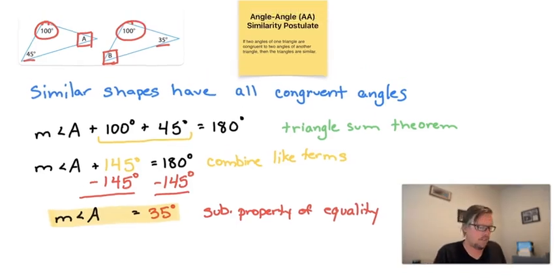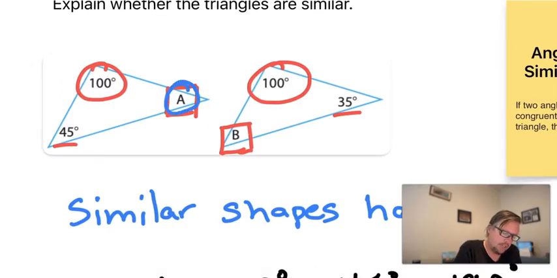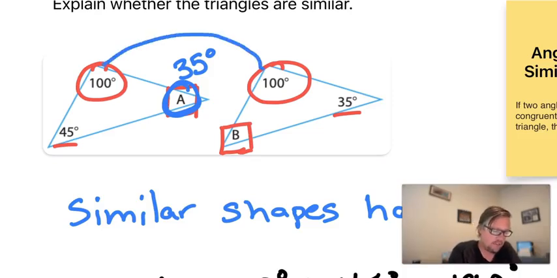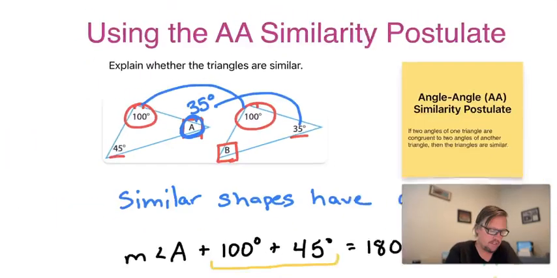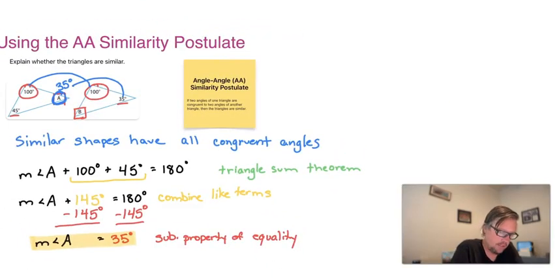If I come back up to my triangles, I now know that this angle measurement, angle A, is 35 degrees. So the angle-angle postulate tells me that these two triangles are similar because they have two angles that are the same. They both have angles of 100 degrees and they both have angles of 35 degrees. So I'll come over here to the side and write my answer.